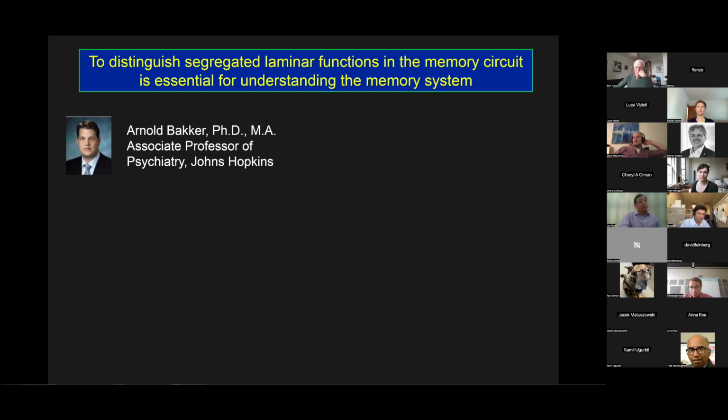The goal of our project is this: Arnold has been doing research in MCI and dementia at the ADRC center at Johns Hopkins, with particular interest in the memory system. So we want to see if we can apply laminar functional MRI methods to look at a particular component in the memory system.